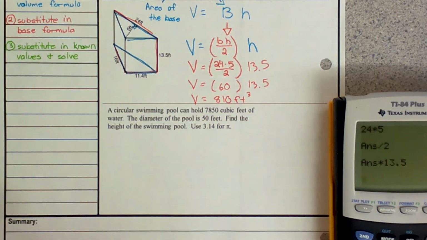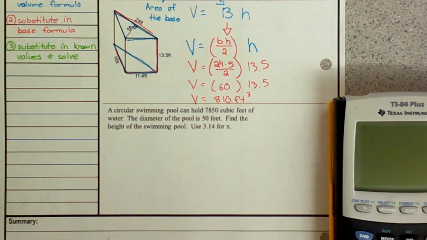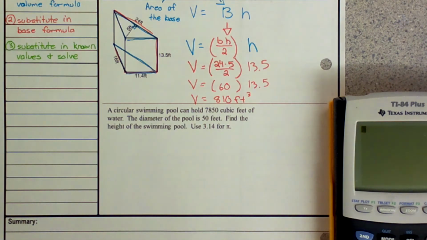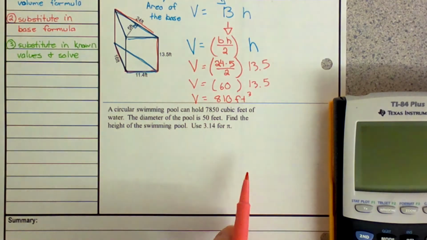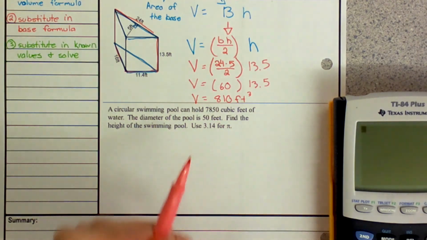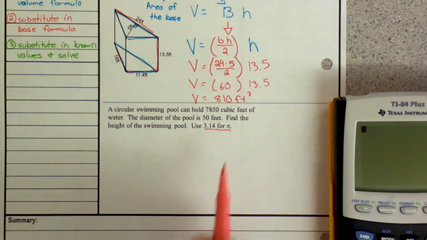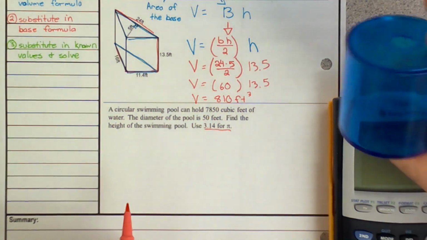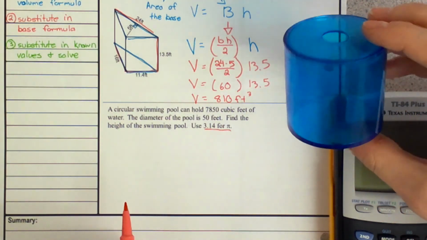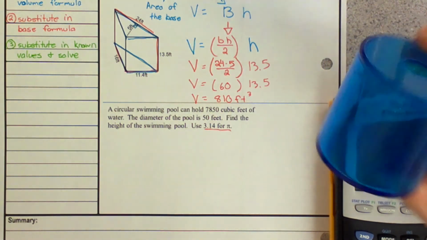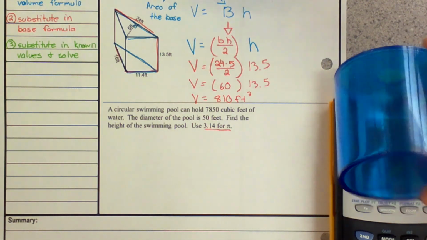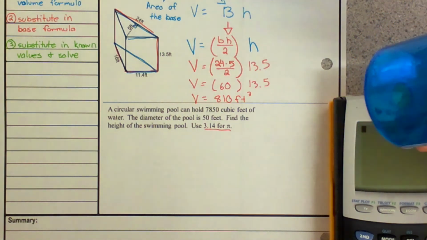On the next one it says a circular swimming pool can hold 7,850 cubic feet of water. The diameter of the pool is 50 feet. Find the height of the swimming pool, and we're going to use 3.14 for pi. It's got a circle on top and a circle on bottom, so this is going to be a cylinder.